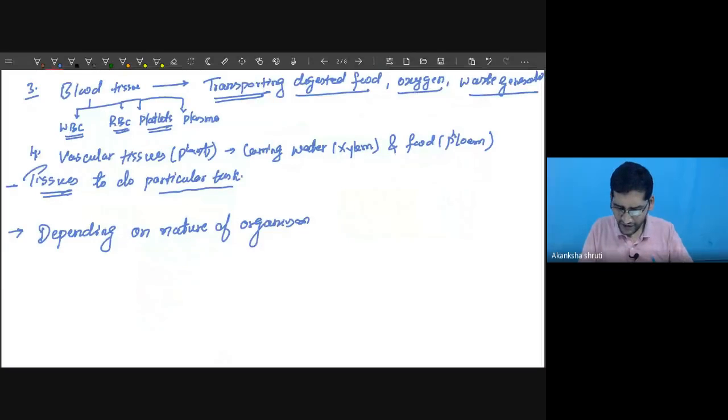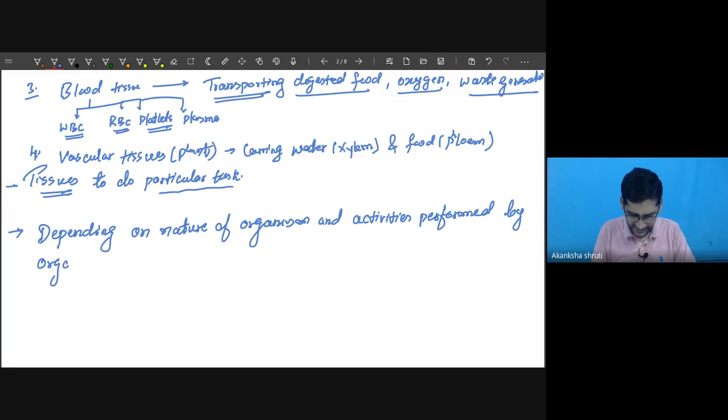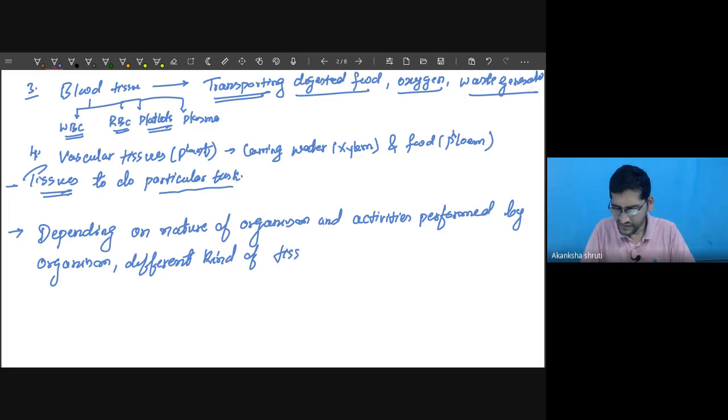Depending on the nature of the organism, and not only the nature of the organism but also the activities performed by the organism, different kinds of tissues are found in their bodies.